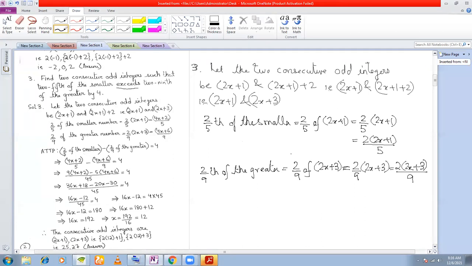Now, if you read the question, it states 2/5 of the smaller exceeds 2/9 of the greater. That means 2/5 of the smaller is more than 2/9 of the greater by 4.